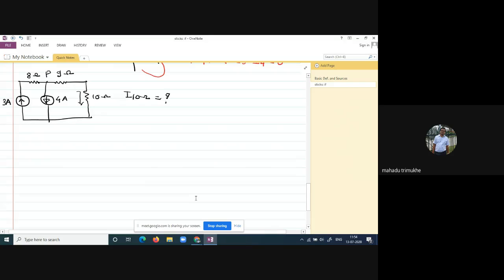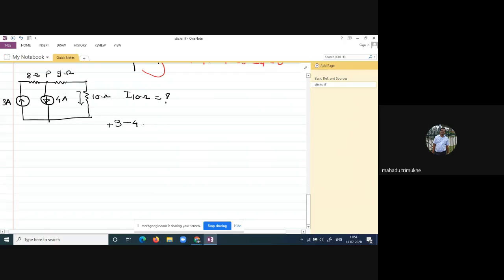You can simply apply KCL to point P. Incoming current at point P is 3, that is plus 3, right? This is incoming current towards the KCL point P, so we have considered plus. Here 4 ampere current is leaving from point P, so what have we considered here, Gopal? Minus 4, exactly.